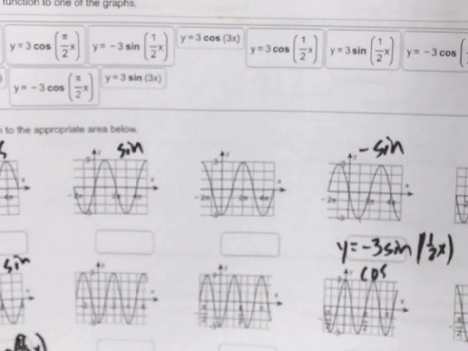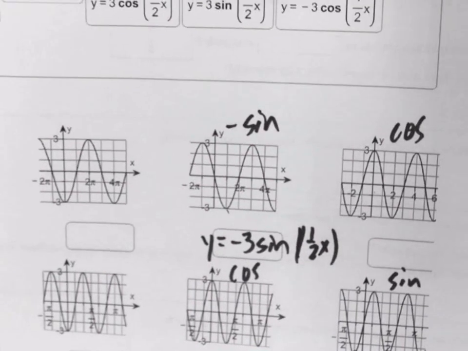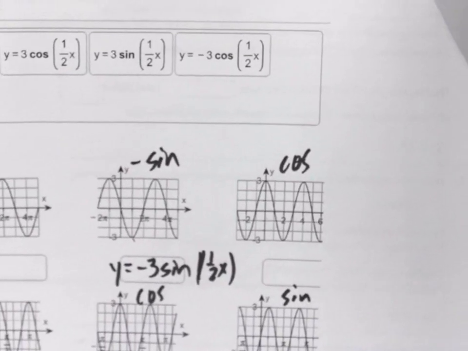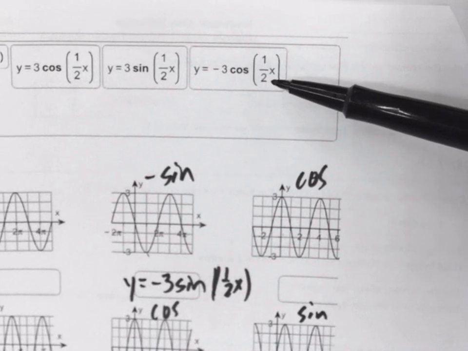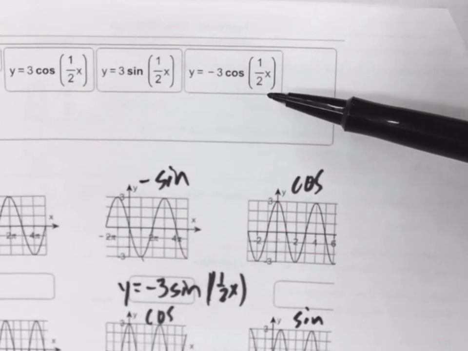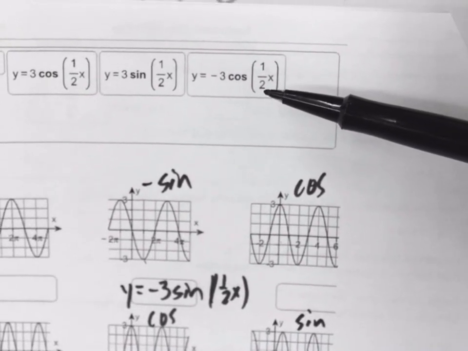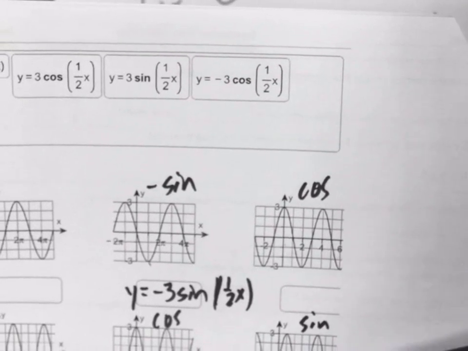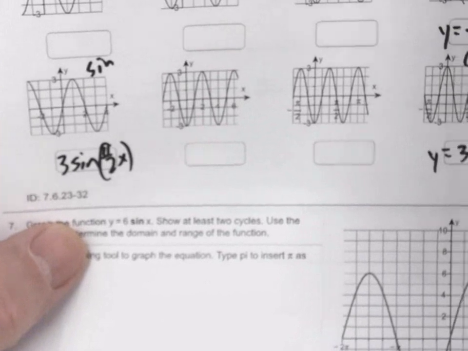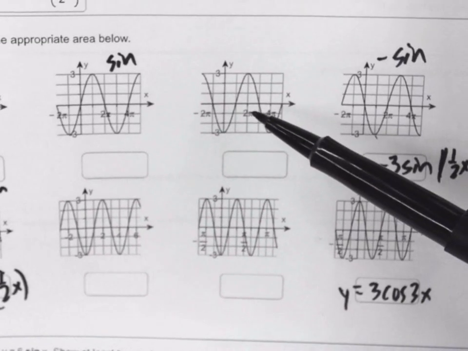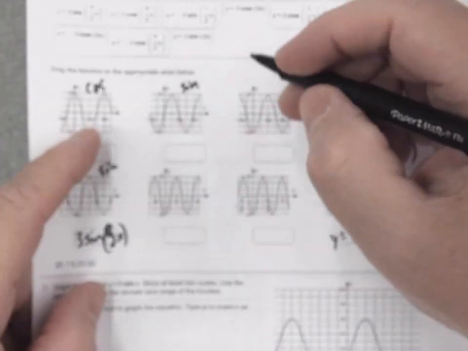And we'll do one more. How about a negative cosine? How about this one? Y equals negative 3 cosine 1/2 x. So let's go find the graphs that are a negative cosine. So that's going to be where at angle 0, it starts low. So right here is a negative cosine.